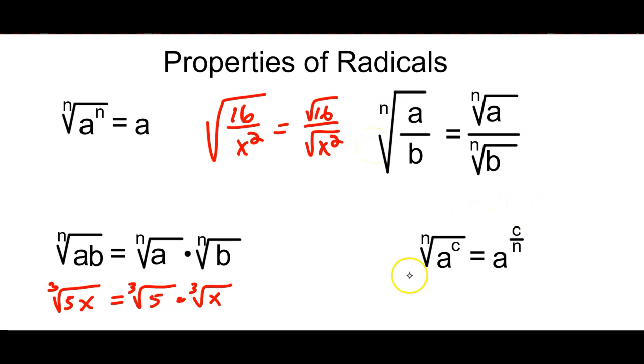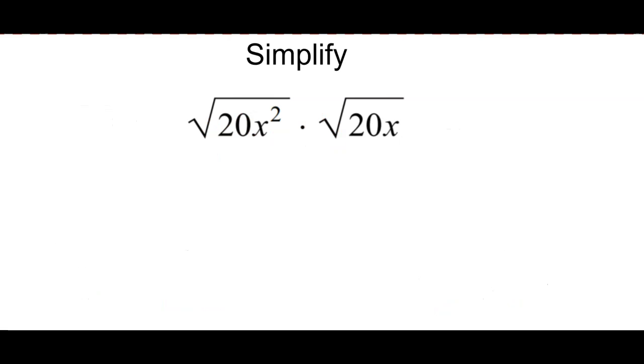And the other property here is being able to write a radical as an exponent, which can be very helpful. We'll see some examples of this in a moment. Basically, if we take the 4th root of x cubed, I can rewrite this as x to the 3/4. So when we have an exponent that's a fraction, we're really dealing with a radical.